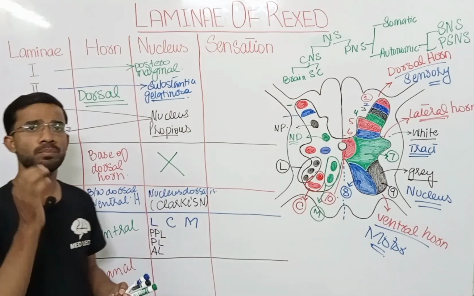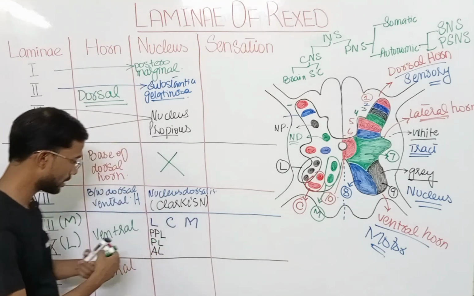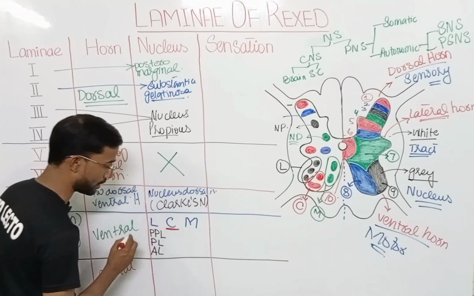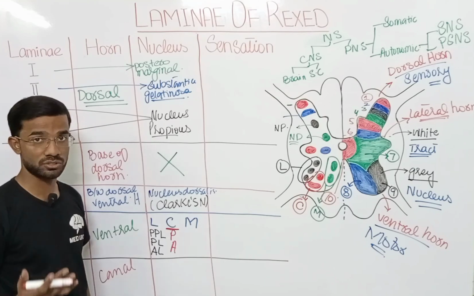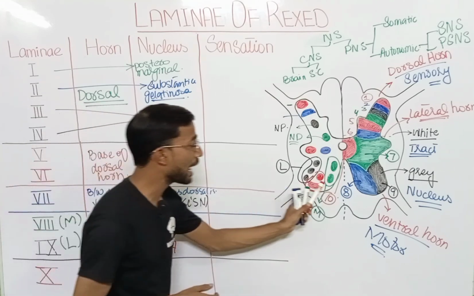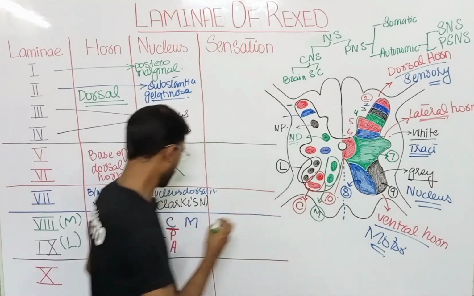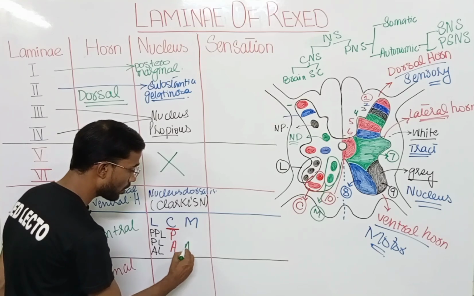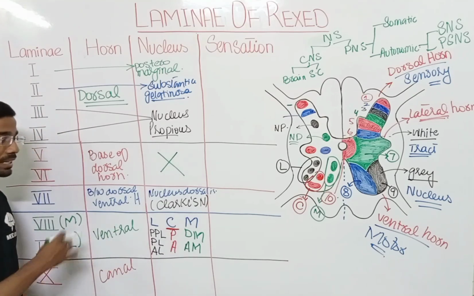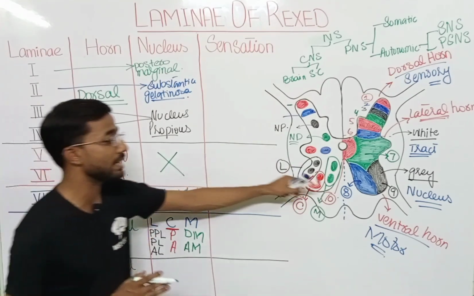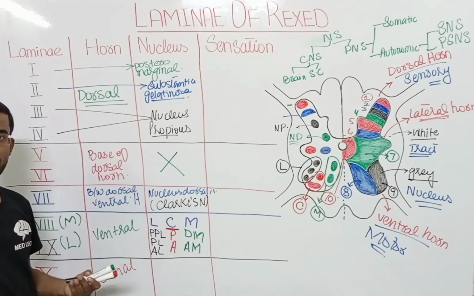At the central, you will see the accessory nucleus and the phrenic nucleus, related to the phrenic and accessory nerves. And at the medial level, you will see the anteromedial and the dorsomedial nucleus. So these are the different nuclei present in the ventral horn. Okay. And last is the canal, in which you will never see any nucleus.